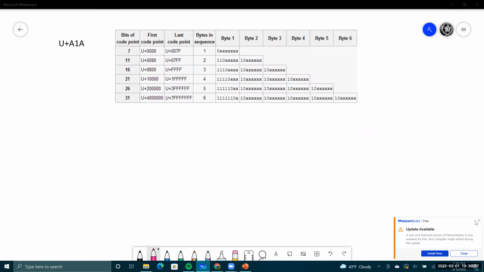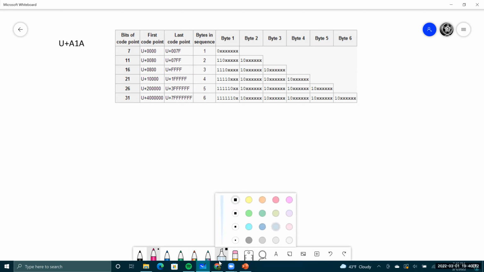Okay, so let's do this together. All right, A1A. Again, this is just helping with hex, right? A1A would be larger than 800, but it's less than FFF, so we know that's going to be 3 bytes.